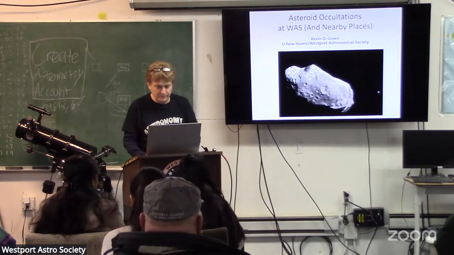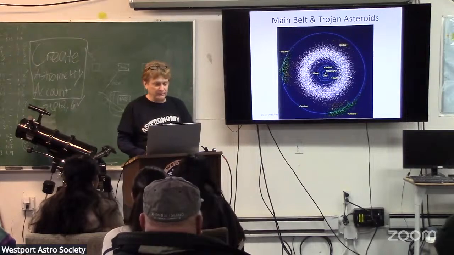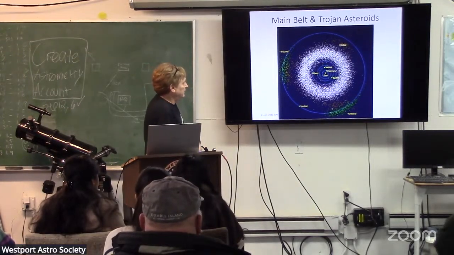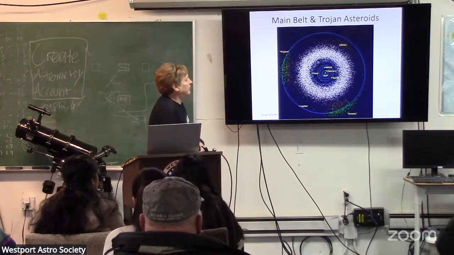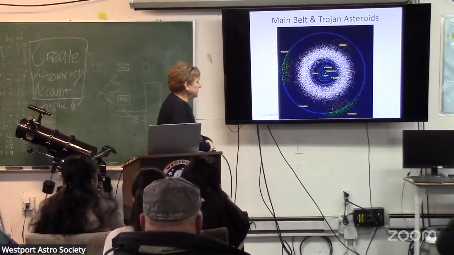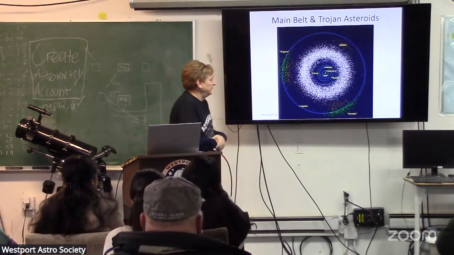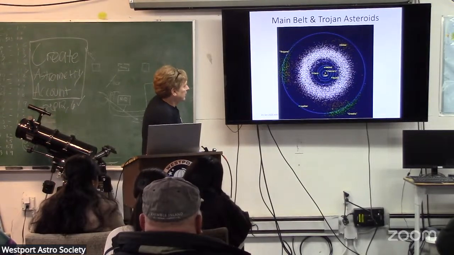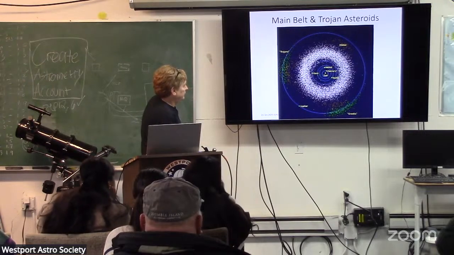So just to remind you of the asteroids, most of the known asteroids are in what's called the main belt between Mars and Jupiter. That would be the white dots on the screen there. There are also asteroids that move in coincidence with Jupiter, and those are called the Trojans.